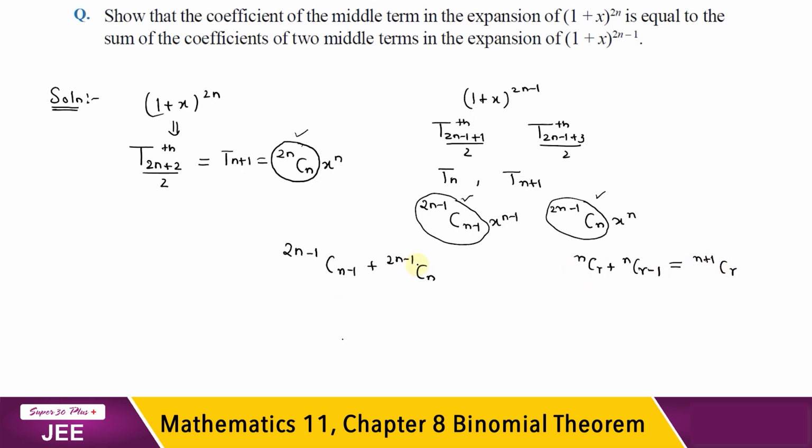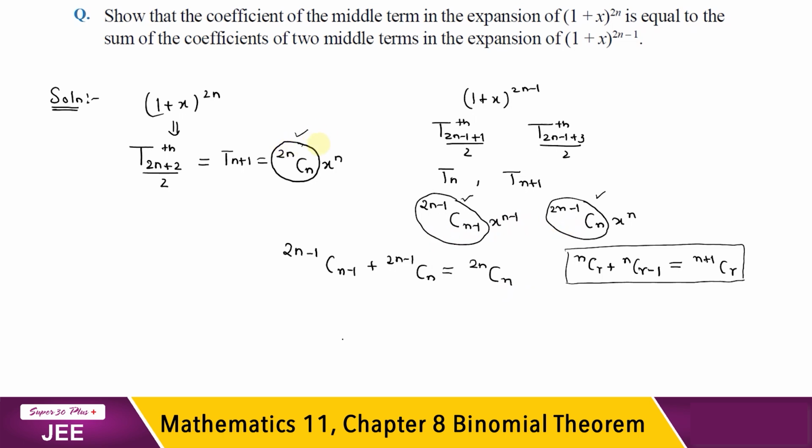So we are required to raise this quantity by 1 and r has to be written as n according to this property. So if I have an increment of 1 over here, this becomes 2nCn, and hence proved. The sum of these two coefficients is equal to the coefficient of this one.